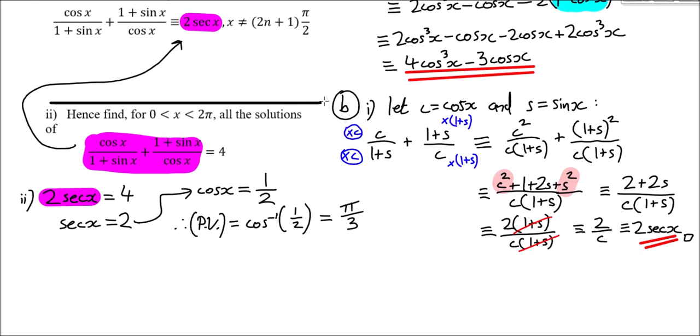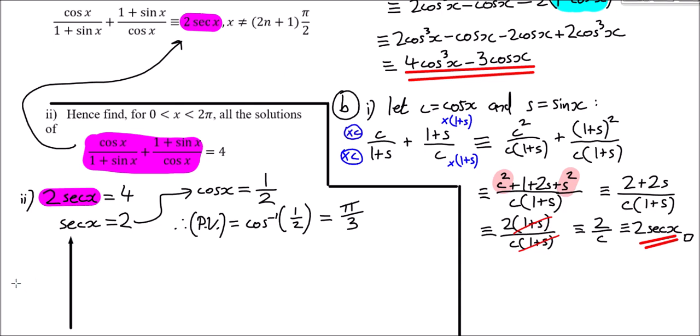So pi over 3 isn't necessarily going to be our only solution. If I just section off part 1 from this so it doesn't get too messy, that should do. Depending how you solve trig equations, my preference is to use a CAST diagram. And of course we've got one solution, pi over 3. So if I do a crisscross like so, and label the quadrants CAST for cosine, all, sine and tangent.